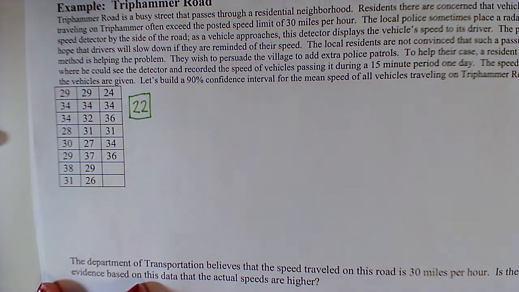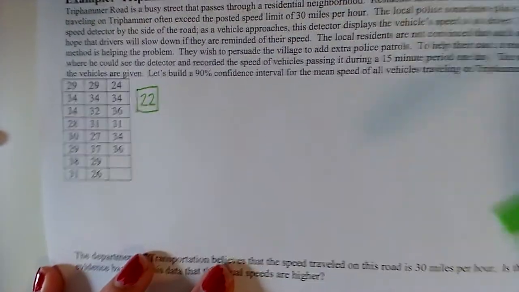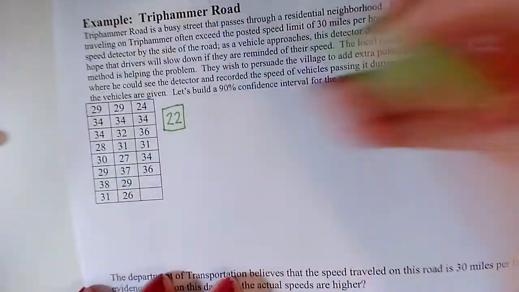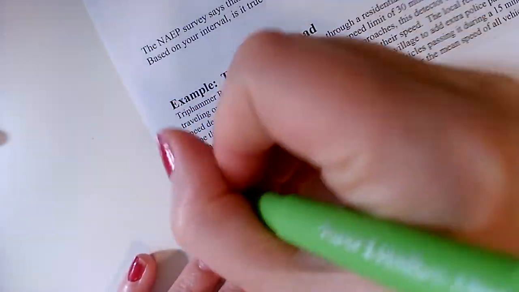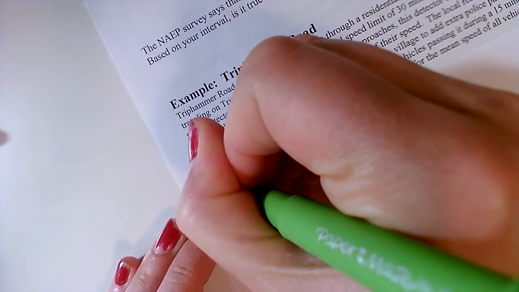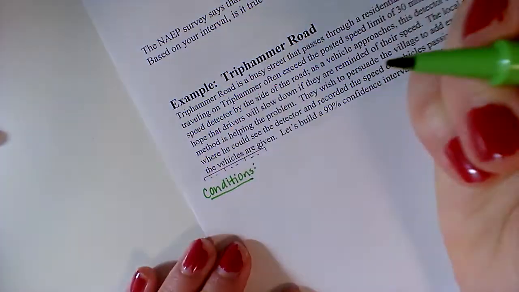So let's break this down and see if we can use a confidence interval to prove the guy's point, okay? For any confidence interval, I need to have my conditions. So before we even dive into the statistical question, let's state our conditions here.